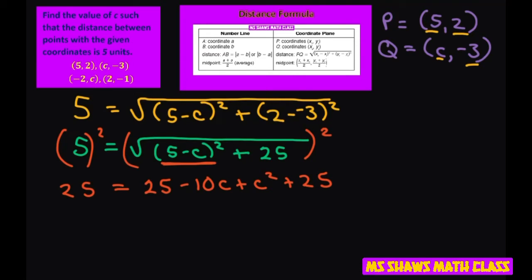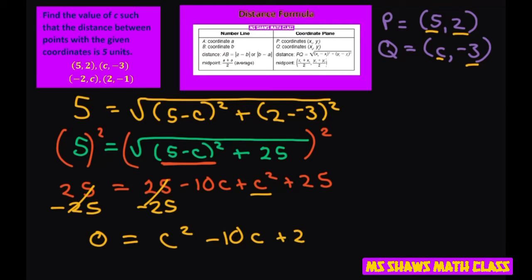All right, so we get 25 equals, now let's look at this. What we can do first is subtract 25 from both sides. So that's going to give you 0 equals, and I'm going to write this first, C squared minus 10C plus 25.